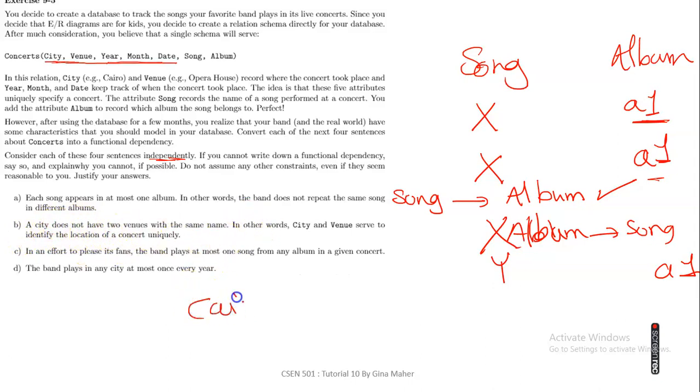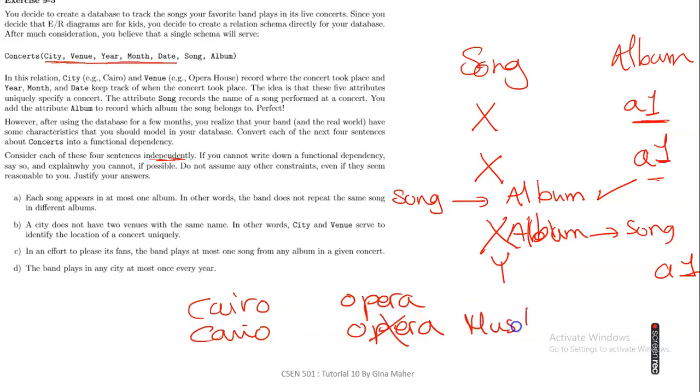So if we have Cairo, opera, we cannot have Cairo and another opera, but we can have another venue, for example, Must, because a city doesn't have 2 venues with the same name, but it can have 2 different venues. Is it possible to give you the city and you can return a unique value of the venue? Actually, no, because Cairo can have more than one venue with different names.